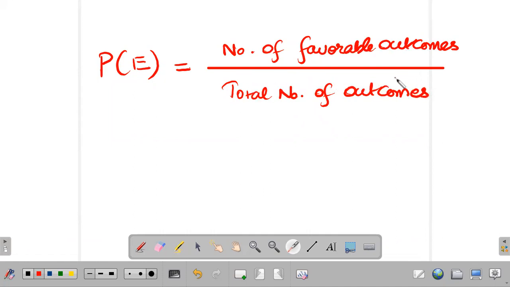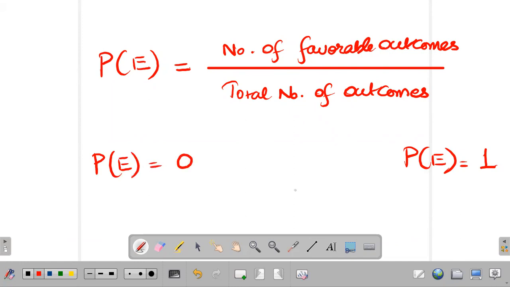Okay, so this is the basic formula that you have to keep in mind when you are doing questions on probability. Probability for a certain event, certain means I know this is going to be the outcome, is 1. Probability for an impossible event is equal to 0.